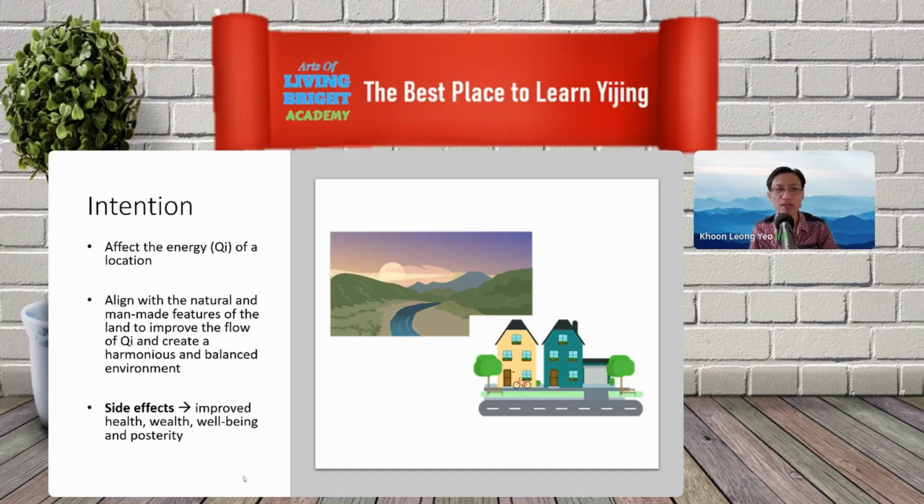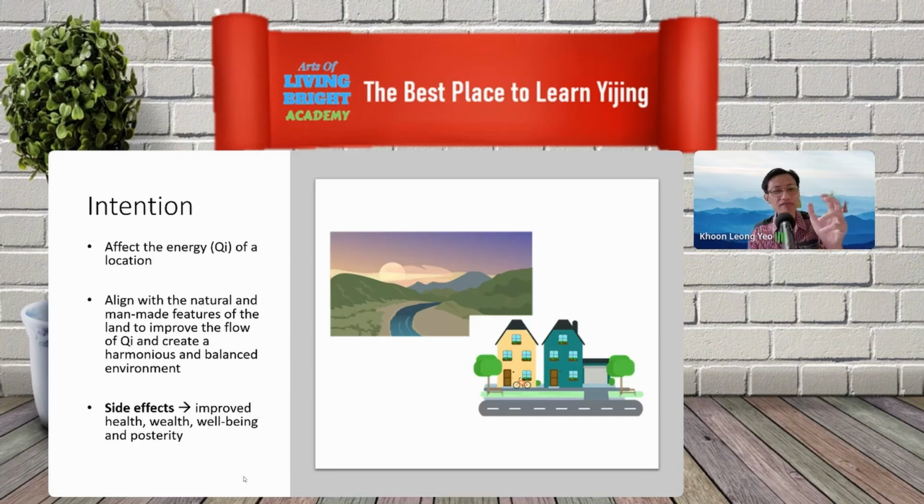Now, the intention of doing feng shui is actually to study the energy, how the energy or the qi is affecting the location. Wherever we can, we try to align ourselves or align the qi with the natural and man-made features of the land to improve the flow of qi. Take note, to improve the flow of qi. That means align with the natural and man-made features to improve the flow of qi and create a harmonious and balanced environment.